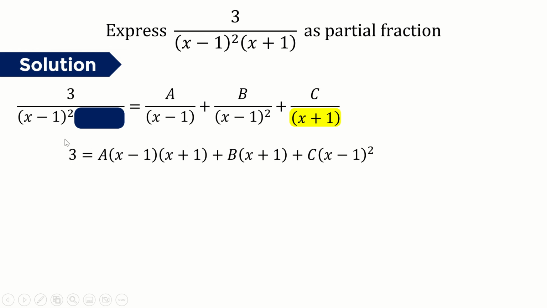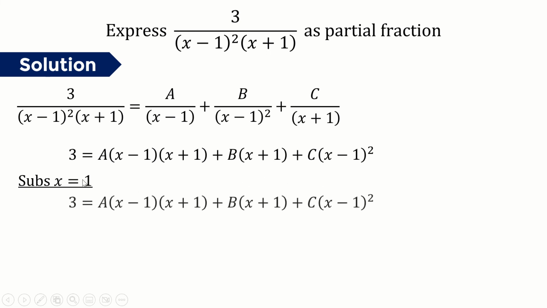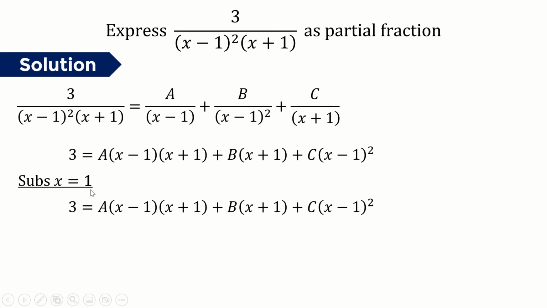We have two methods: we can use the substitution method, or we can use the compare coefficient method. For this question, I will use the substitution method. First, I will substitute x equals 1 into this equation, because x equals 1 is a root for the factor (x minus 1). So we substitute x equals 1 and simplify.